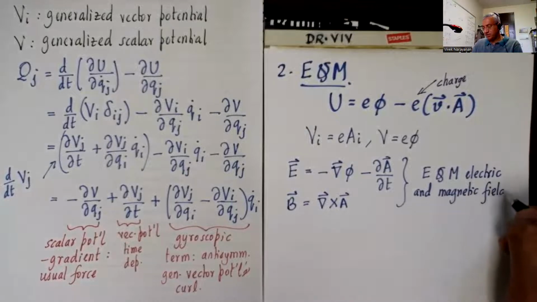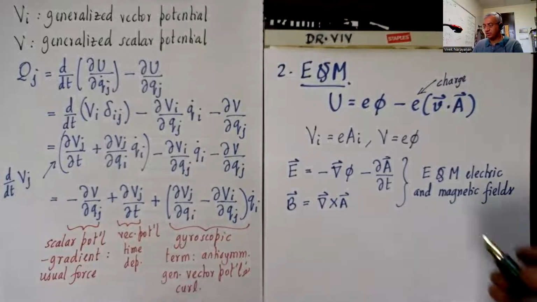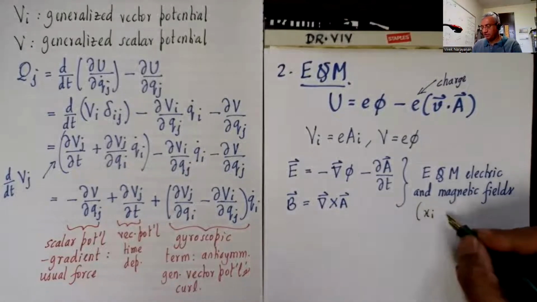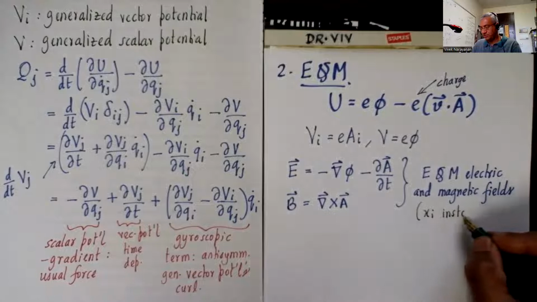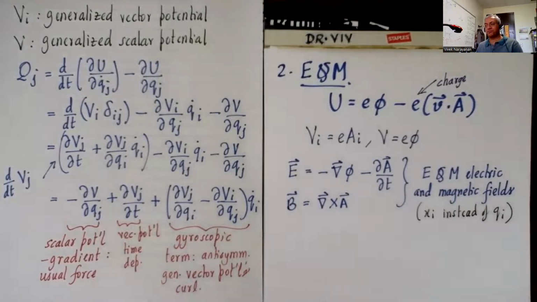The other thing, to be consistent with the traditional usage in electrodynamics, we're going to use Xi instead of Qj or Qi.